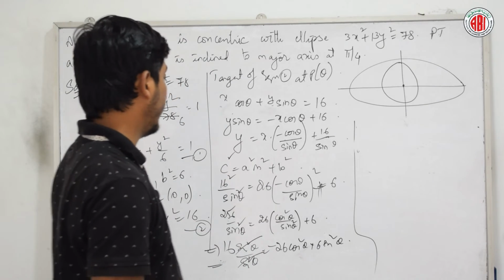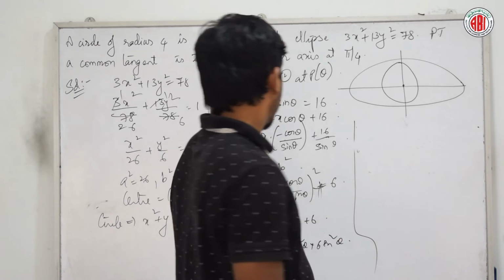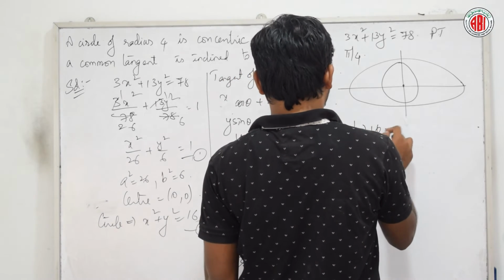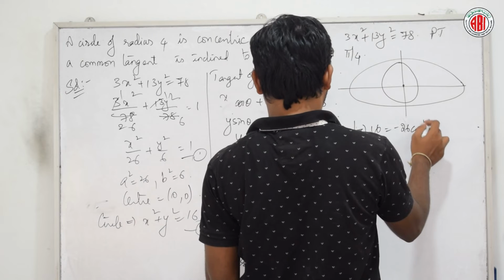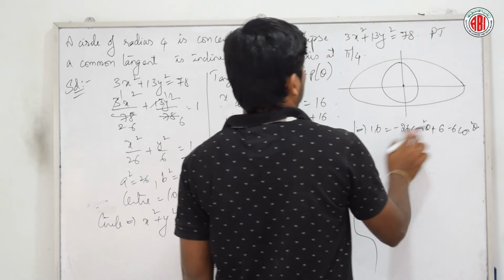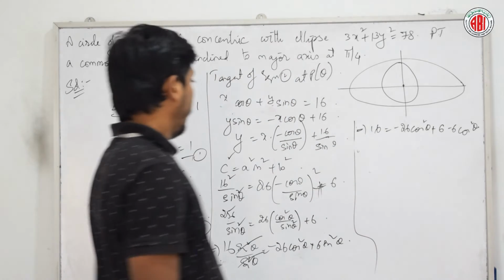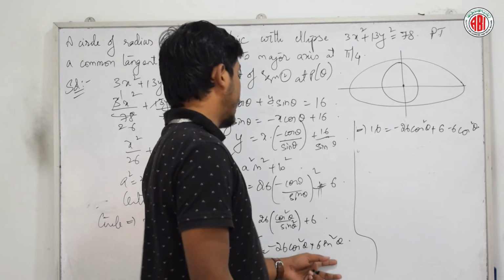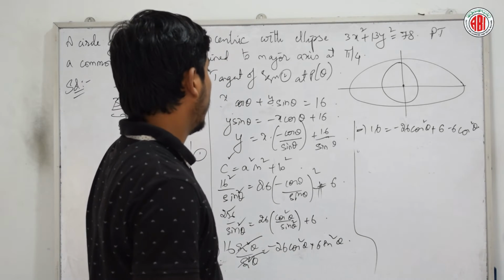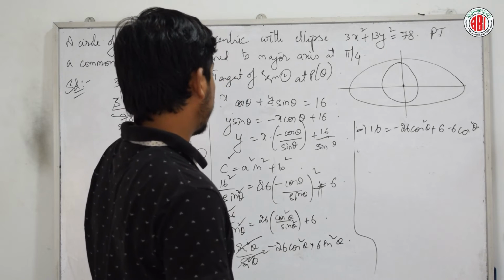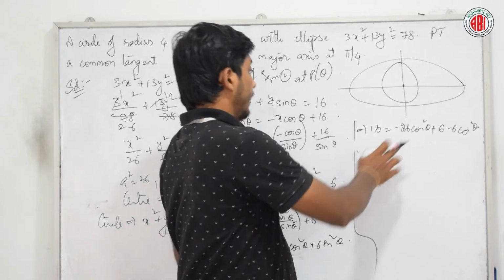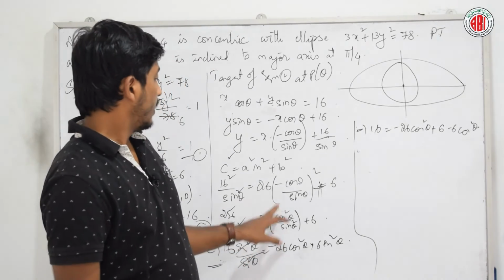So let us write the sin square as 1 minus cos square. So it will be 16 is equal to minus 26 cos square theta plus 6 minus 6 cos square theta. Okay, since sin square is 1 minus cos square theta, we will get it like that. Now just check what are the answers. So this is like here whole square, right?